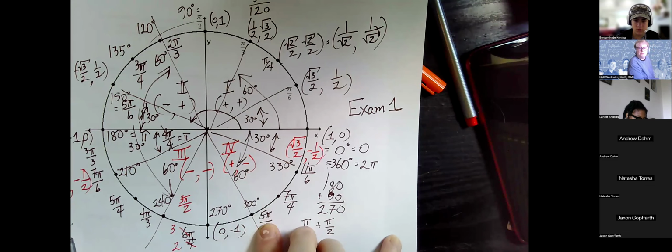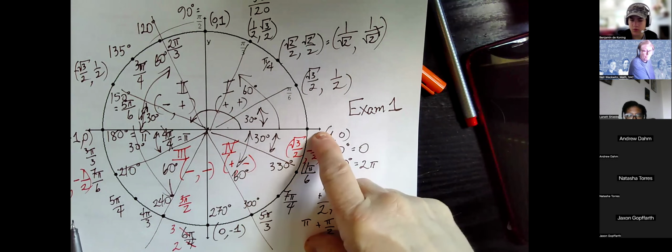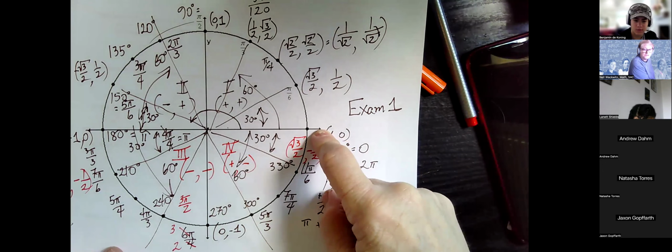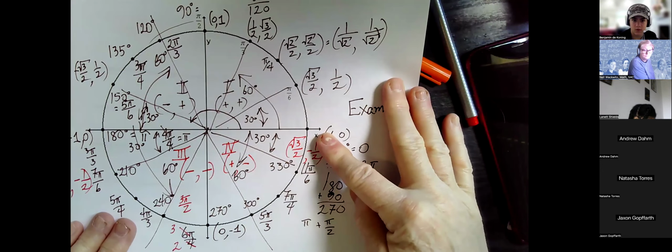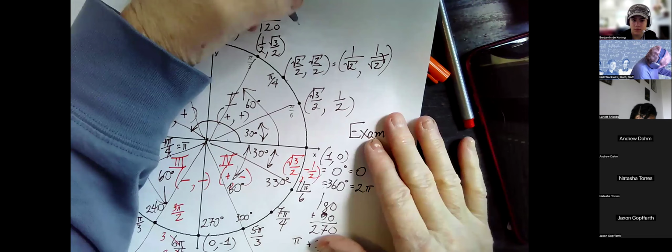Where did we say we landed if we had 6 pi over 3? At 360 degrees. Yes, good. At 0. So where will we be if we add another 60 degrees? At 60 degrees. Yes.